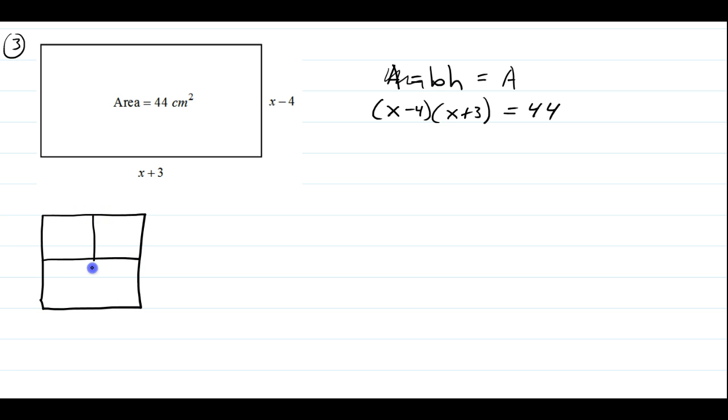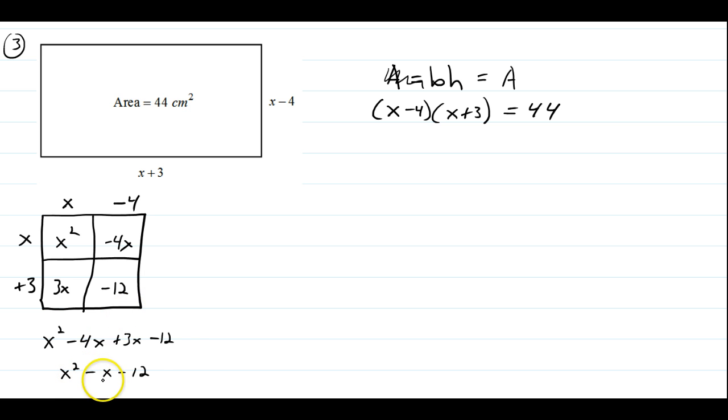So go ahead and multiply these, and let's see what we get. Alright, so we end up with x squared minus x minus 12. And so we're going to put that right here. And like on the last problem, we need this to equal 0. So we just minus 44 from both sides.